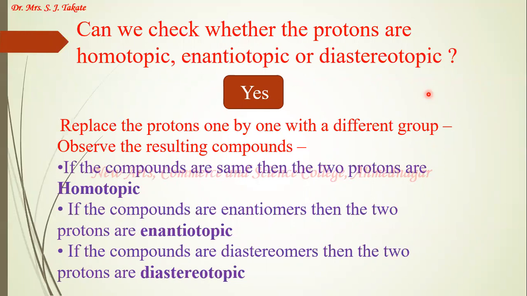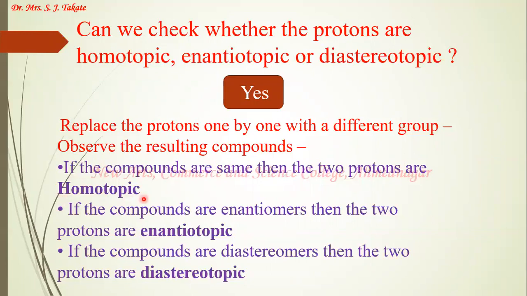What we have to do is carry out a replacement test. Replace the selected protons one by one with a different substituent or group. Then observe the resulting compounds and their relationship, whether the two compounds are the same. If they are the same, then the two protons are said to be homotopic.